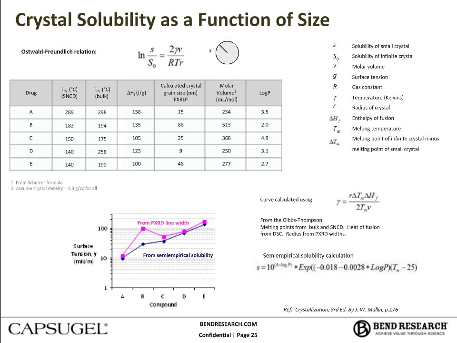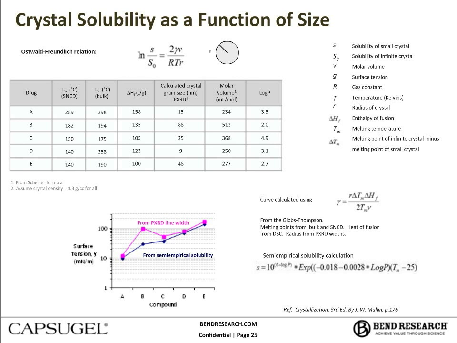And then the radius of the crystals can be estimated from the Scherrer equation from the PXRD diffraction pattern. Some examples of five drugs are shown in the table in the middle of the slide. The plot in the bottom of the slide then shows the surface tension values for several solid nanocrystalline dispersions that have been obtained using this approach.